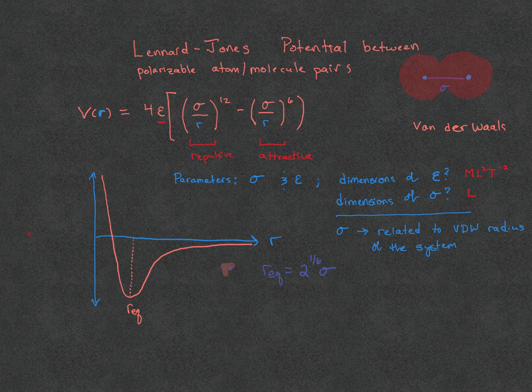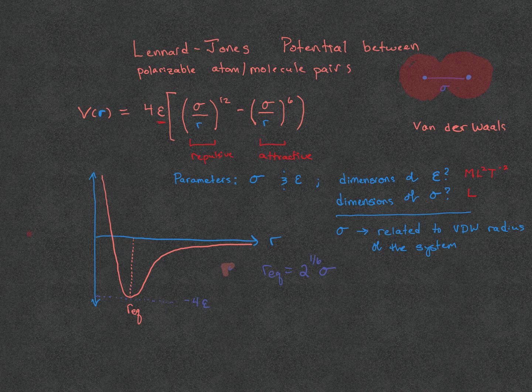And then this value right here is something like -4 epsilon, or perhaps it's just negative epsilon. I do apologize. We'll have to actually work this out in lab. There's something significant that happens when R is equal to 2 to the 1/6 power sigma, and you can figure it out just by plugging the value in.